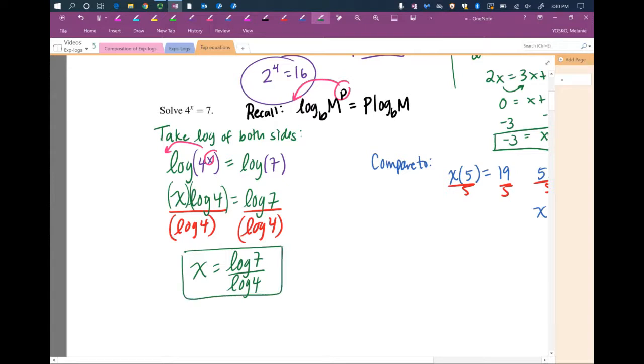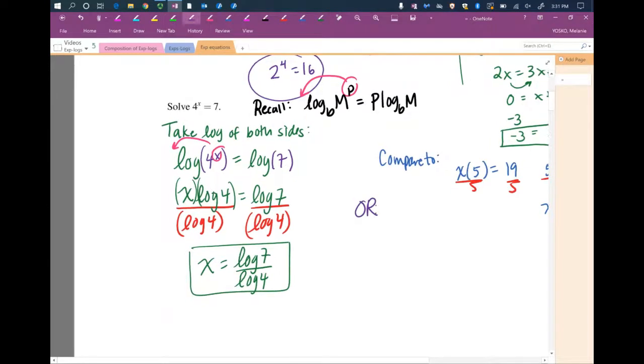There is one other way to do this problem. We have a property that allows us to go back and forth between an exponential and a logarithm. We know that log base b of m equals n can be rewritten as b to the n equals m. The base of the logarithm and the base of the exponential are the same. We just switch the inputs and outputs, right?